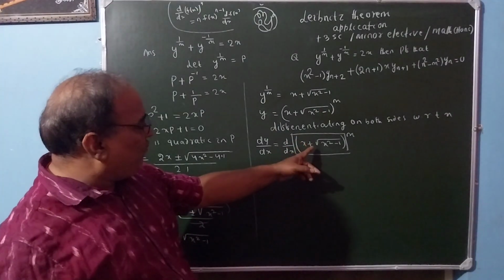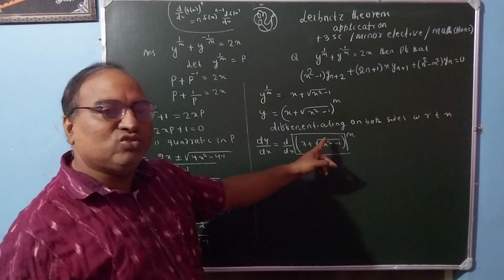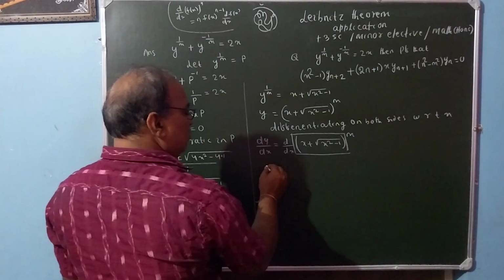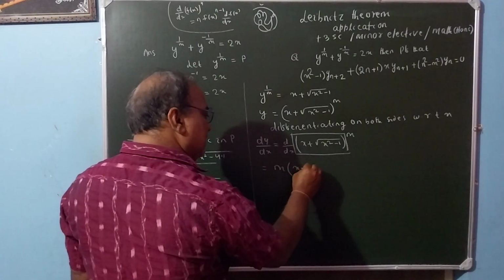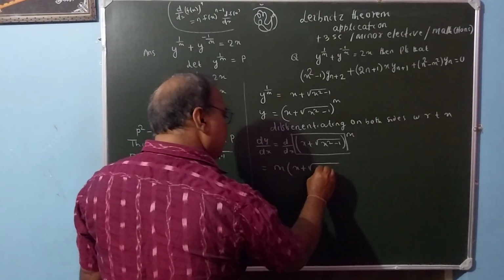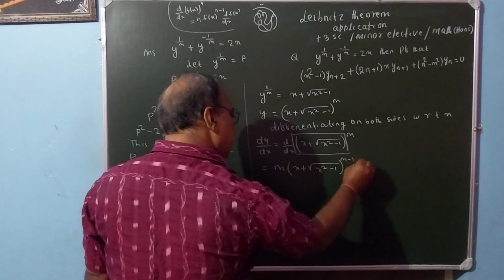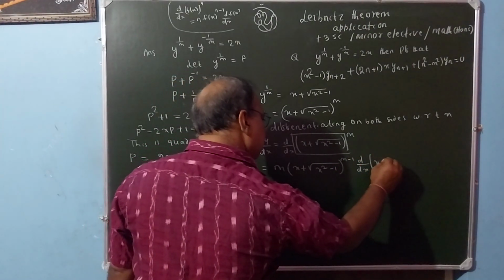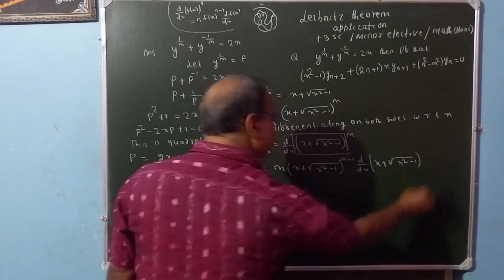Here in place of f(x) is x plus root over x square minus 1, whole to the power m. So the derivative is m into (x plus root over x square minus 1) to the power m minus 1, into the derivative of x plus root over x square minus 1.